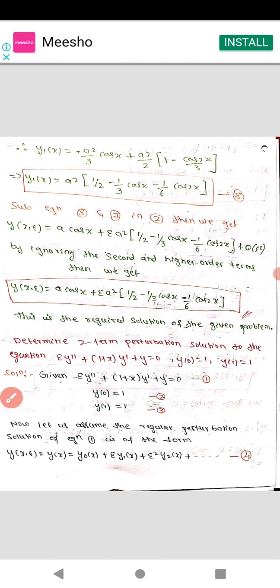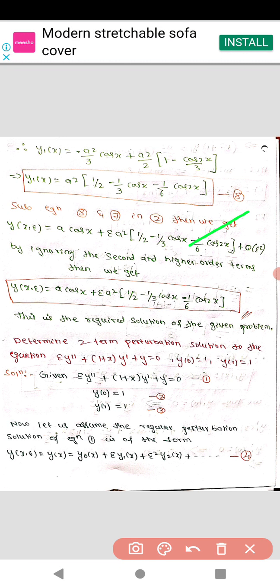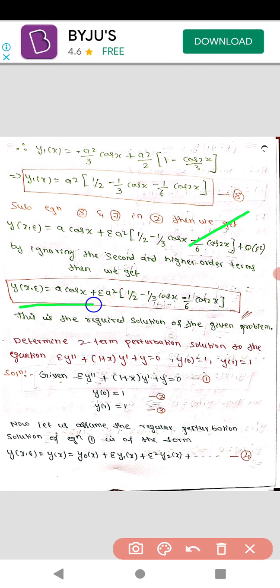This is the regular perturbation solution. Here we ignore the second and higher order terms. We get y of x comma epsilon equals a cos x plus epsilon a square into 1 by 2 minus 1 by 3 cos x minus 1 by 6 cos x. This is the required solution of the given problem.